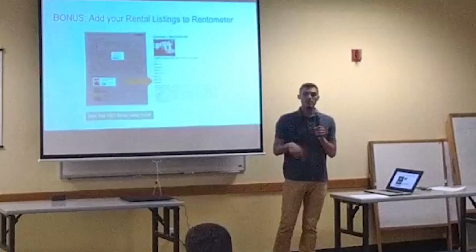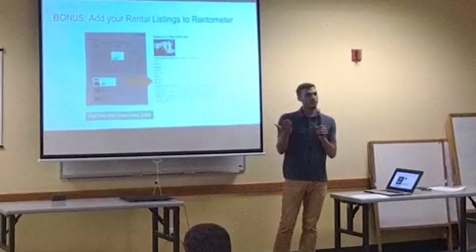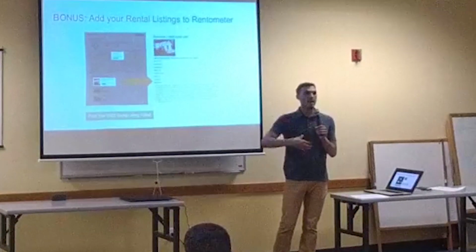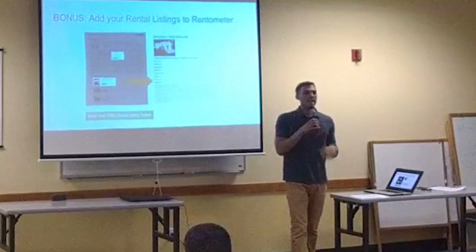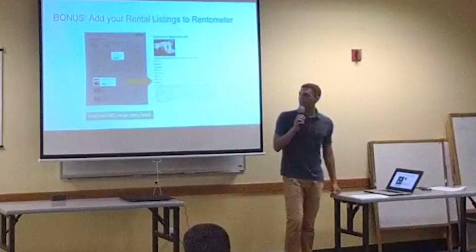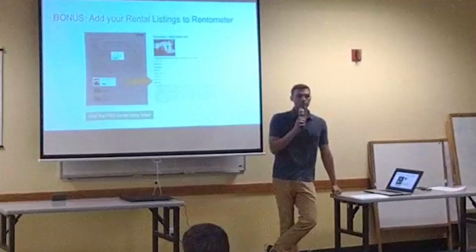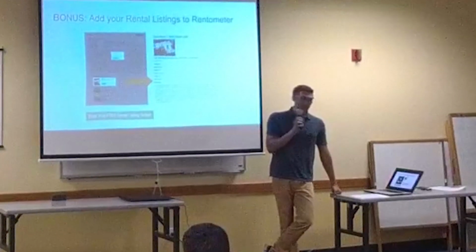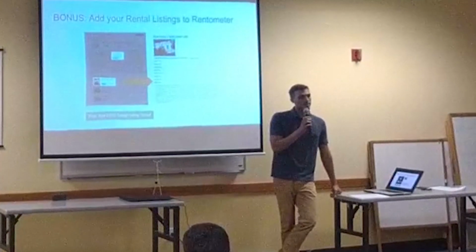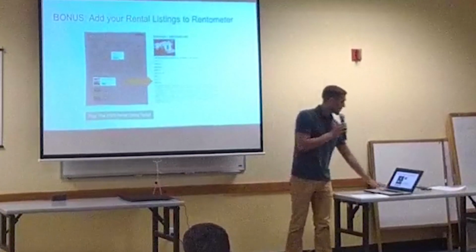It kind of works like Craigslist, where there's a relay email, so your physical email is not published for everyone to see, and you get emailed or notified when someone is interested in learning more information about your property. So I thought that was a really neat feature, something that hopefully you guys can make use of.